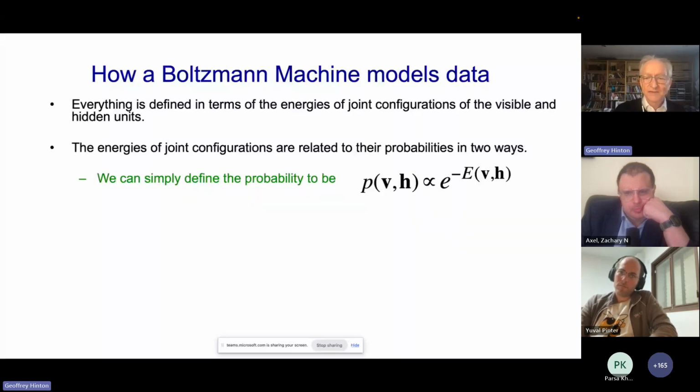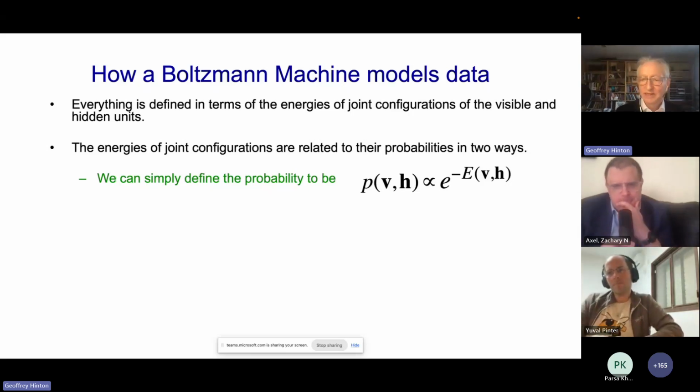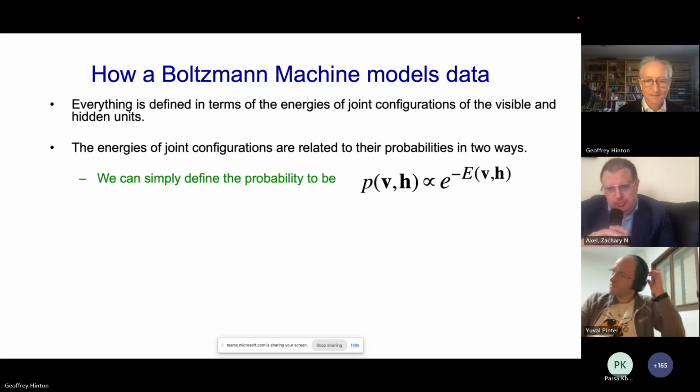If I have a joint configuration that has a binary vector v on the visible units and a binary vector h on the hidden units, that configuration will have an energy, which will be a number. And the probability of finding the system in that configuration at thermal equilibrium is going to be proportional to e to the minus that energy. That's called the Boltzmann distribution, when the probabilities are proportional to e to the minus the energy.